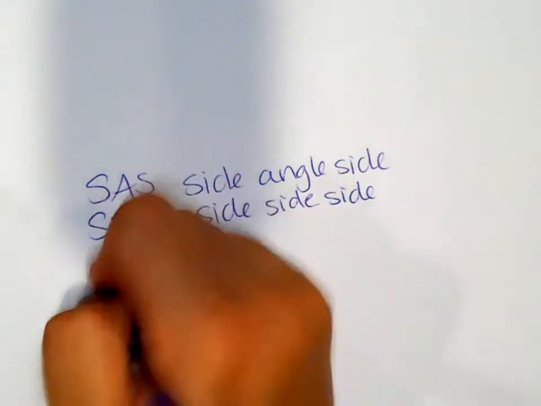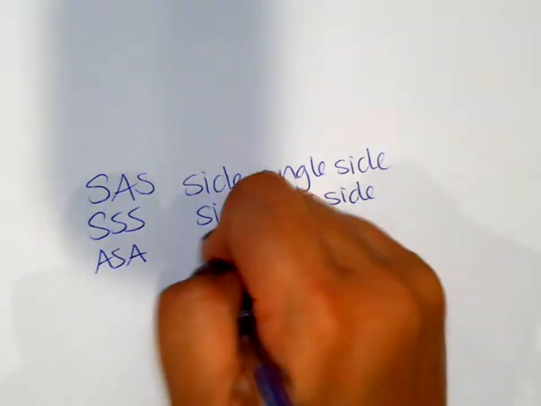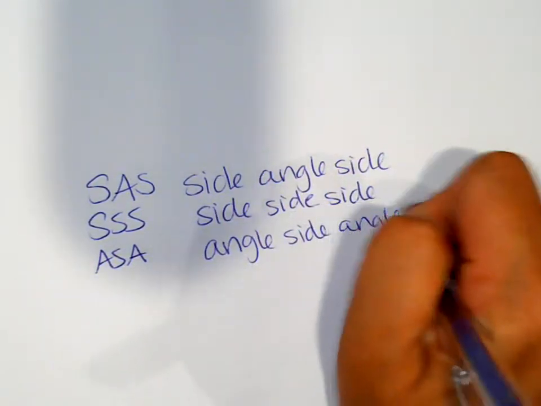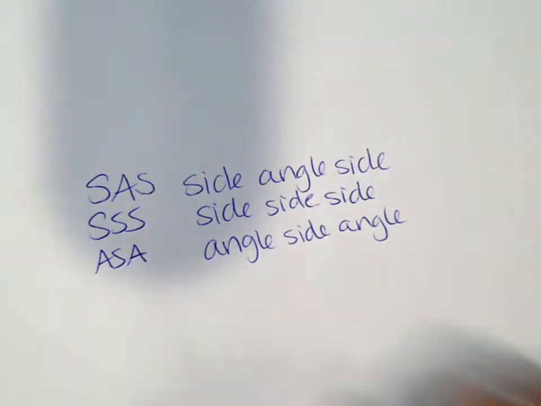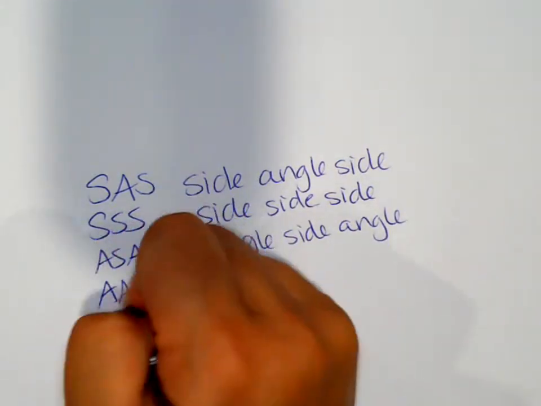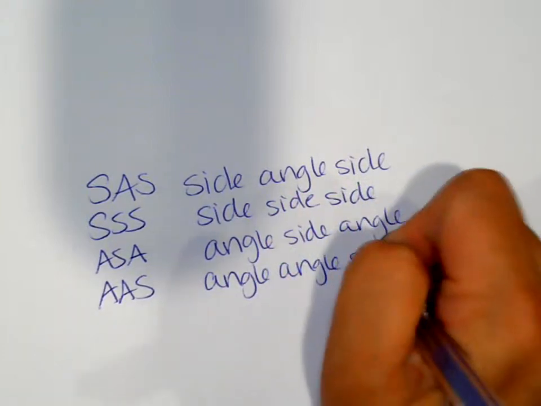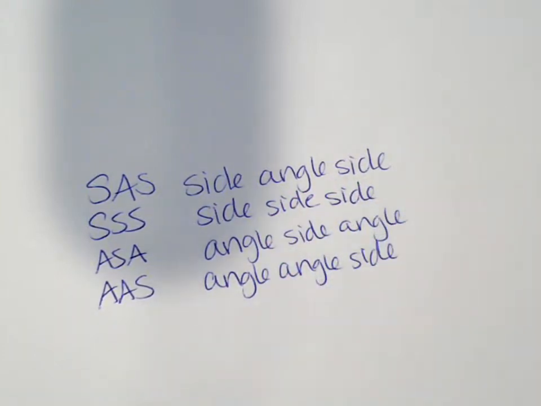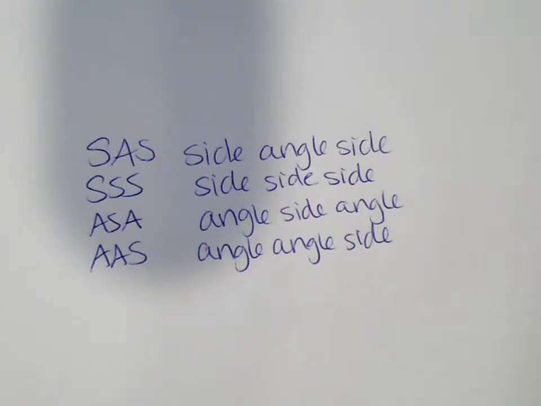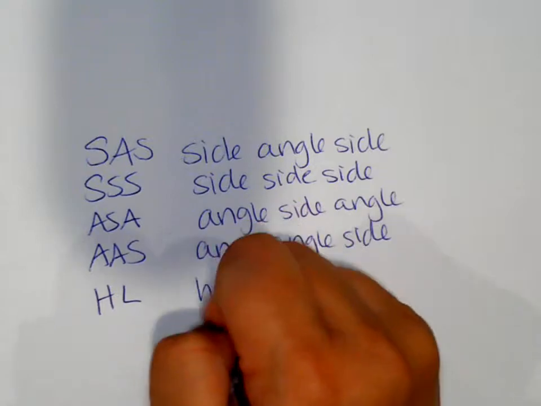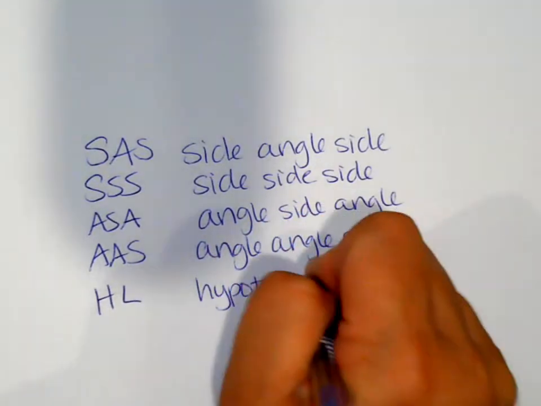Your options can be angle, side, angle. Your option could be angle, angle, side. And then the other one that we were talking about that works is HL, and that is hypotenuse, leg.